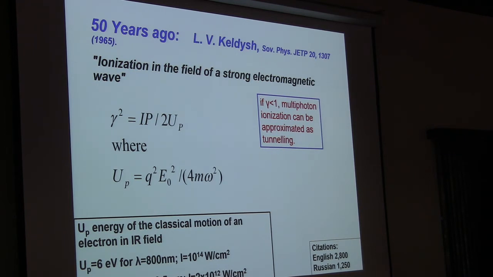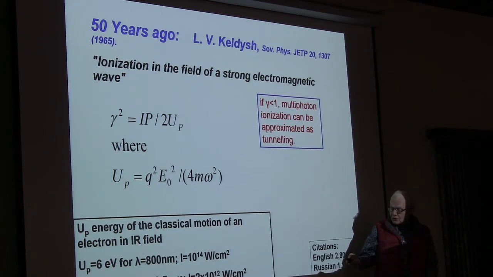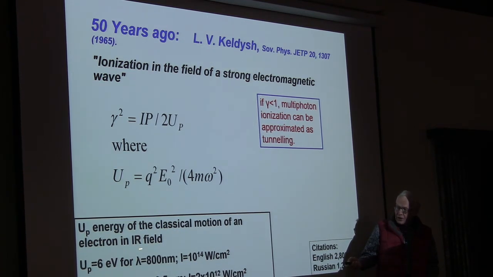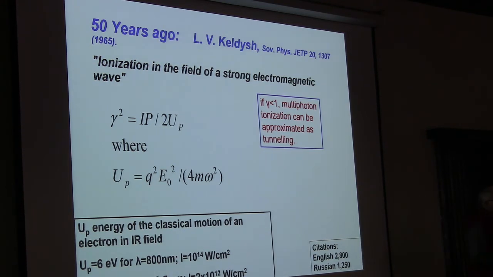To give you some idea, UP, the classical motion of the electron, is about 6 eV for 800 nanometer light and an intensity of 10 to the 14 watts per square centimeter. You can scale everything else from there because there's a formula.